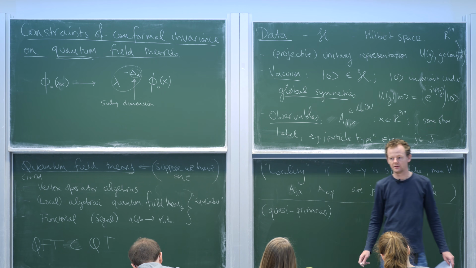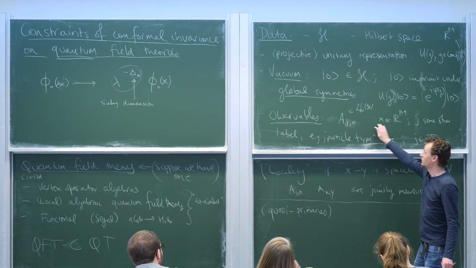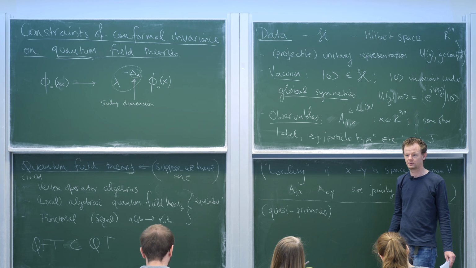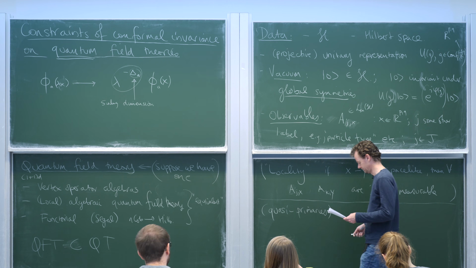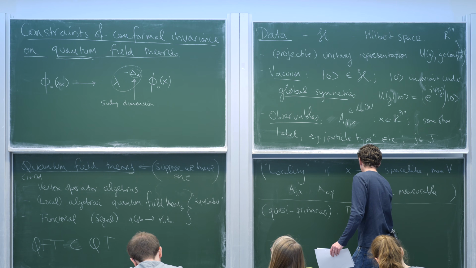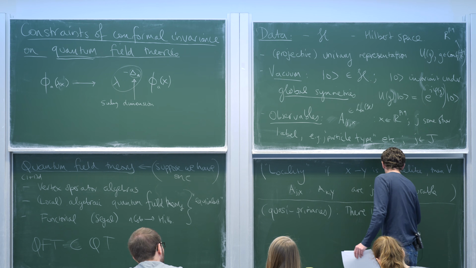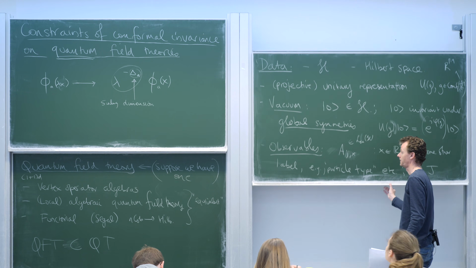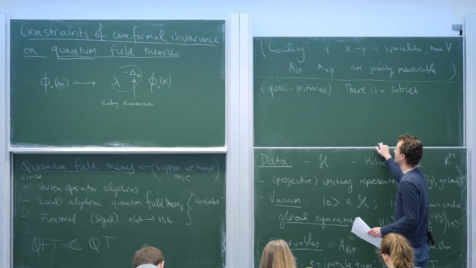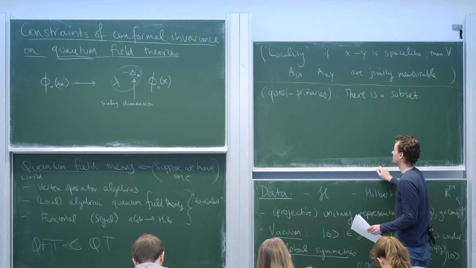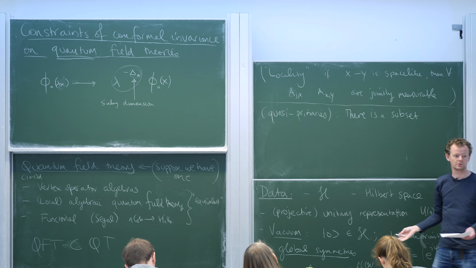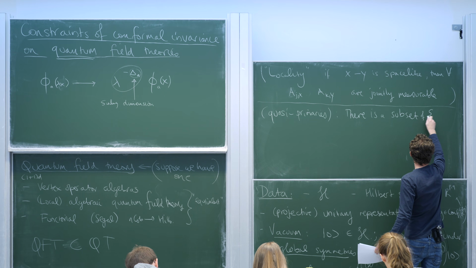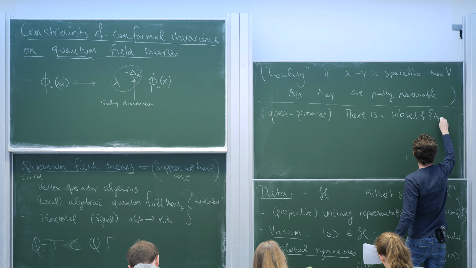A quasi-primary field is one of these local observables which transforms in a particular way under this conformal group. Quasi-primaries are local observables with additional properties. So there's a subset of all these local observables A_{j,x}.